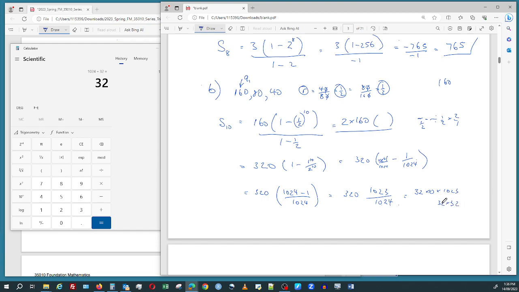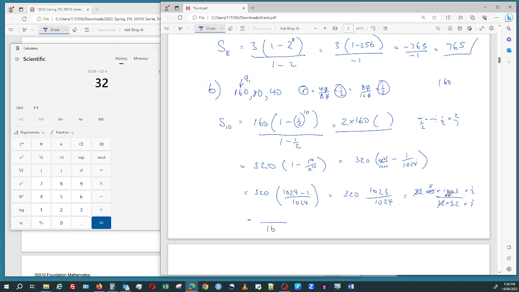So this will cancel, and we'll end up with 10 times 1023 over 32. Now I'm going to halve the top and halve the bottom, so 32 will become 16, and 10 will become 5.